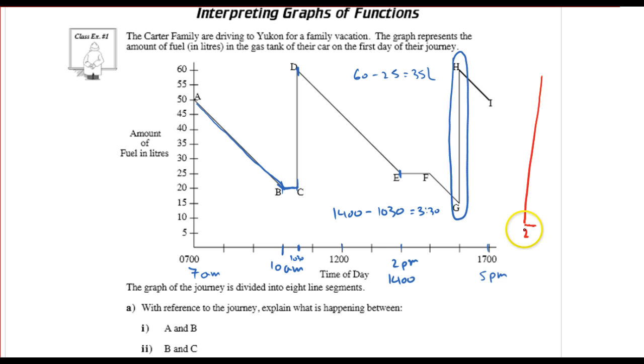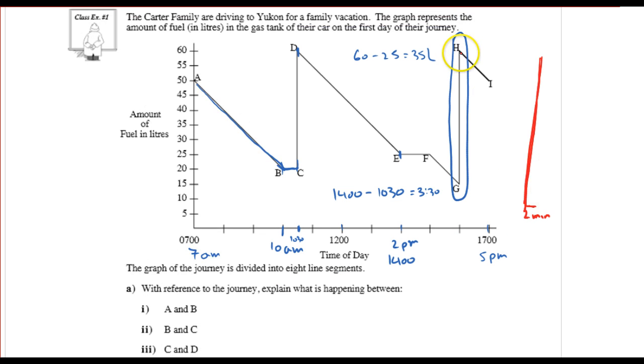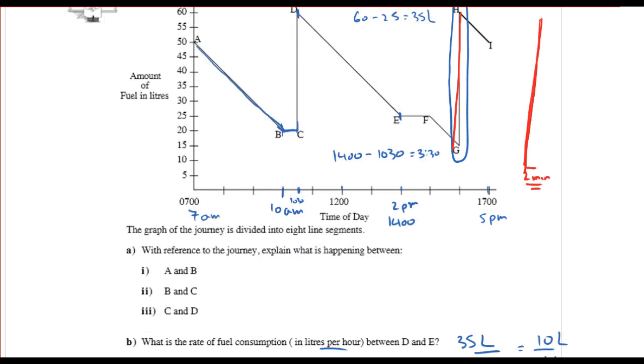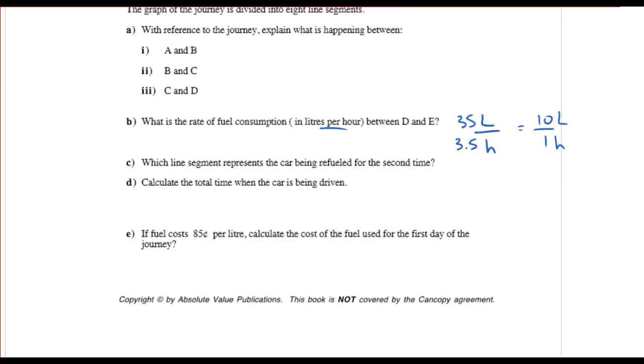It might only be like 2 minutes, but nonetheless, time is slightly ticking while you're refueling there. I don't know if you can see that. If you can see the slope, so little time has gone by that it's really hard to see the slope on that line. So that would be G to H.